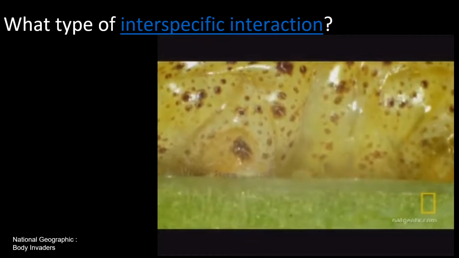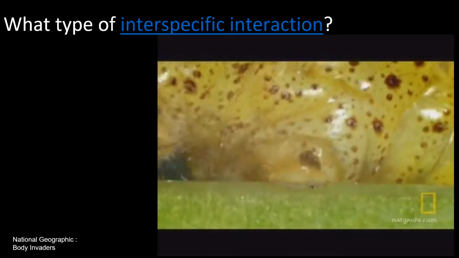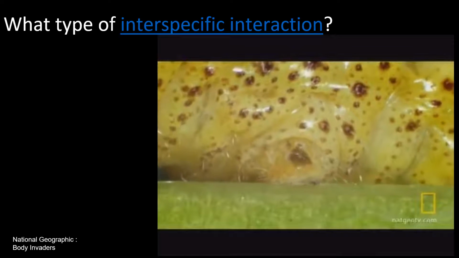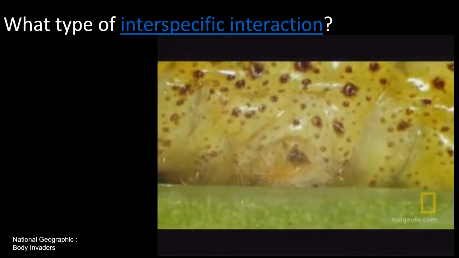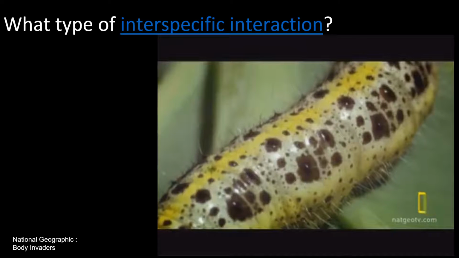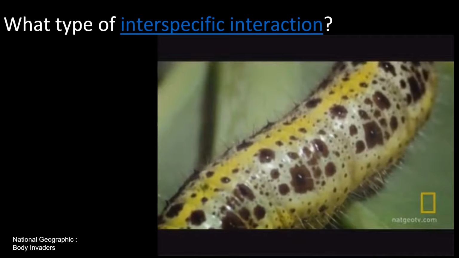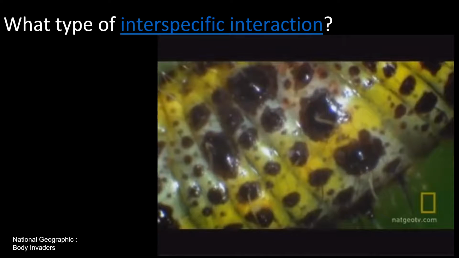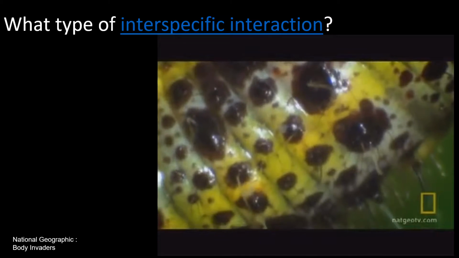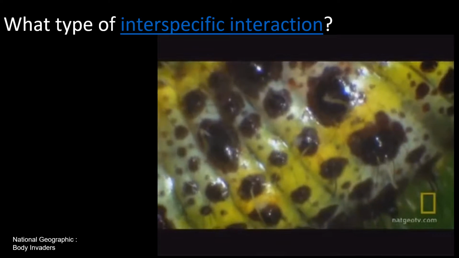Our parasitized caterpillar has spent the last 12 days gorging itself. It now appears profoundly obese. But this is not all fat. The glomerata wasp larvae lie just under its skin.